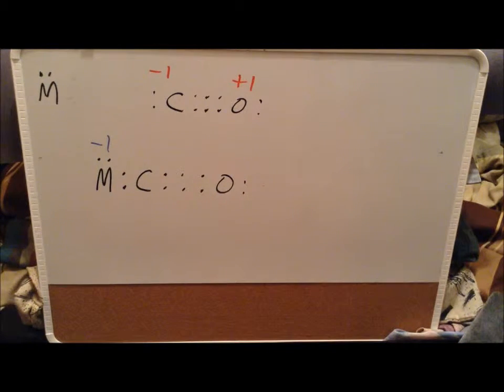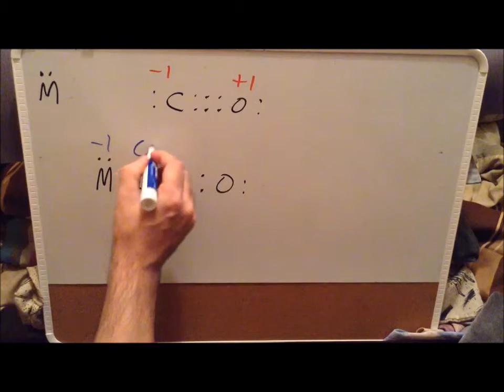So let's see what happens to the carbon atom. Well, carbon started off with 4 valence electrons. We subtract the number of lone pair electrons, and that's 0, so we still have 4. And then we notice that there's 2, 4, 6, 8 total bonding electrons around the carbon. Half of 8 is 4, so 4 minus 4 equals 0 for the formal charge on carbon. So the carbon formal charge is now 0 upon binding.